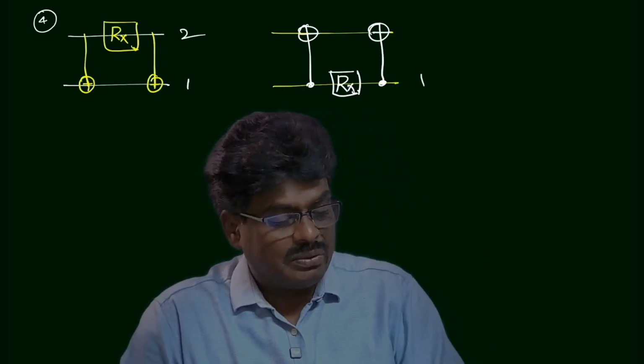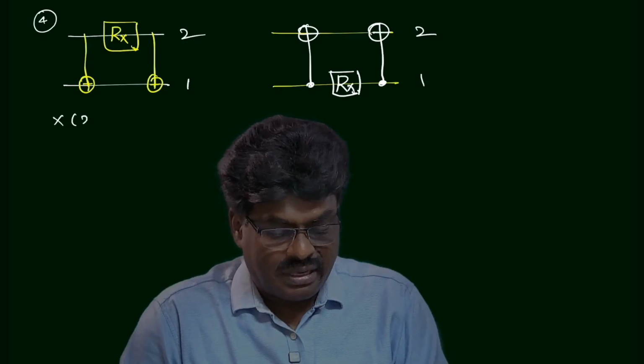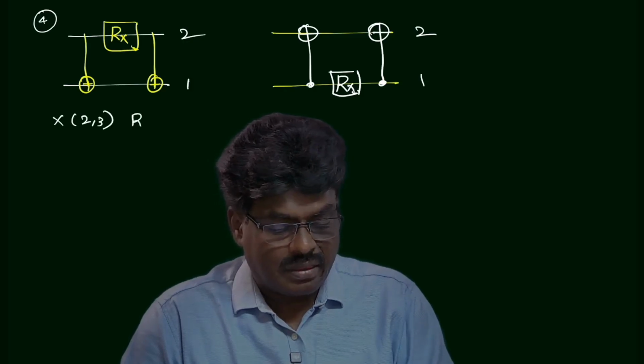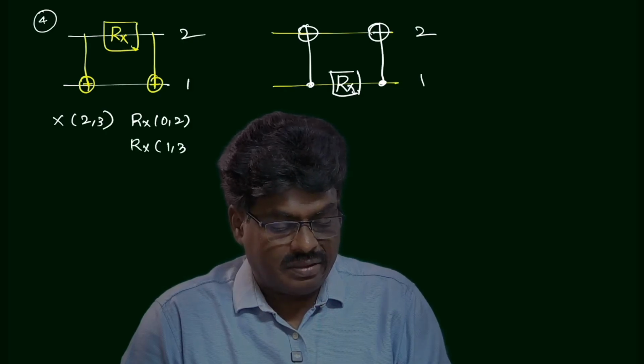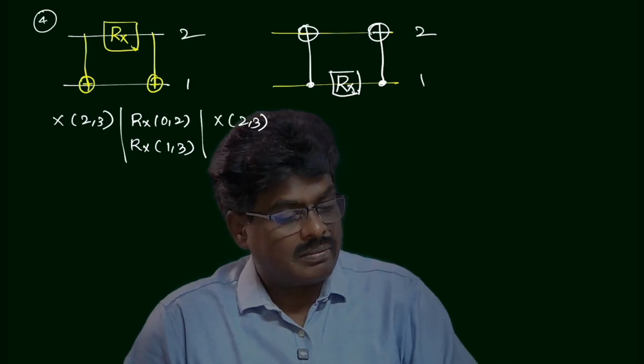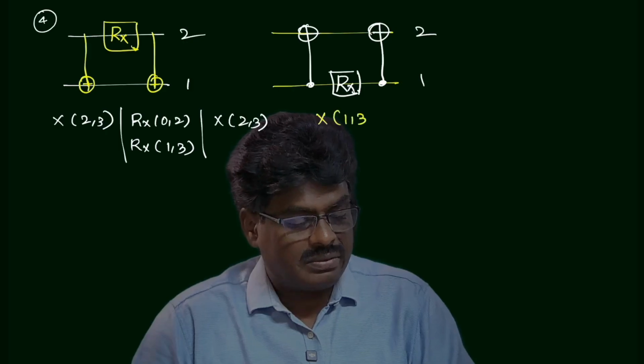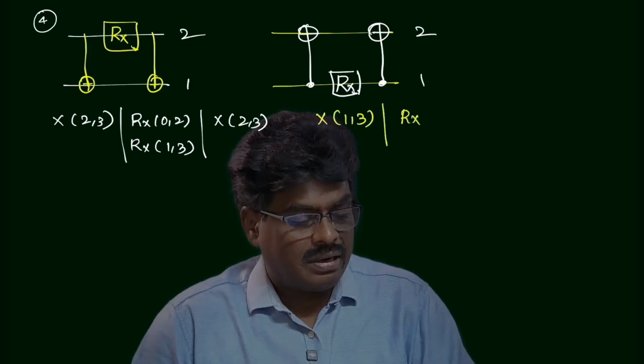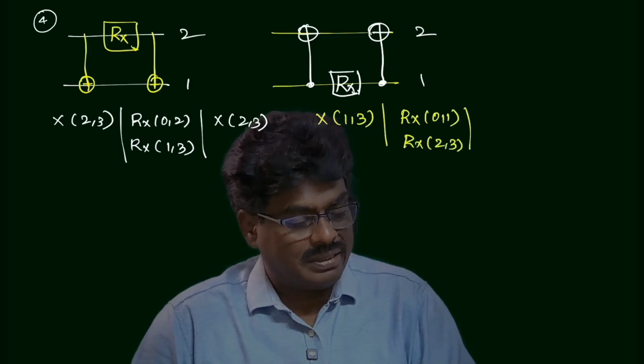This is 1 2, 1 2. So this is x 2 3 and rx 0 2, rx 1 3 and x 2 3, and this is x 1 comma 3 and rx 0 comma 1 and rx 2 comma 3, and here it is x 1 comma 3.